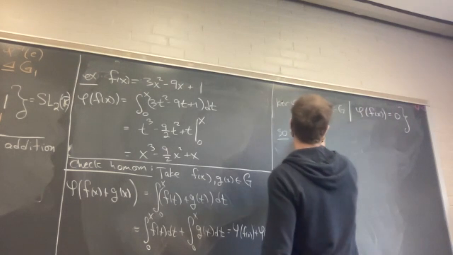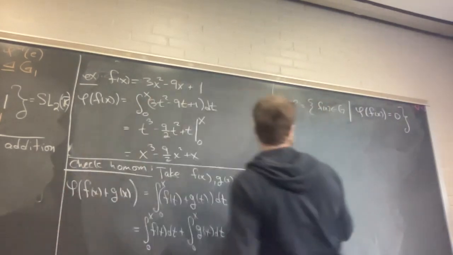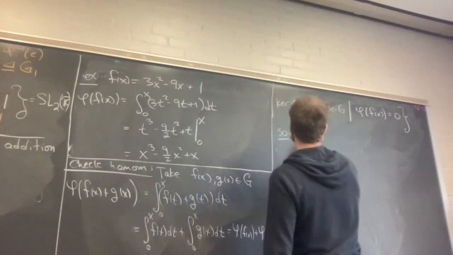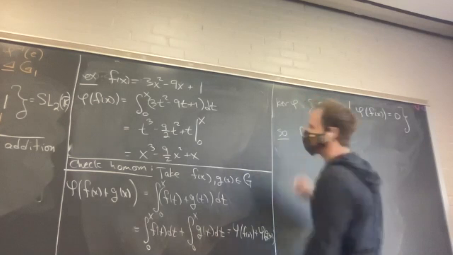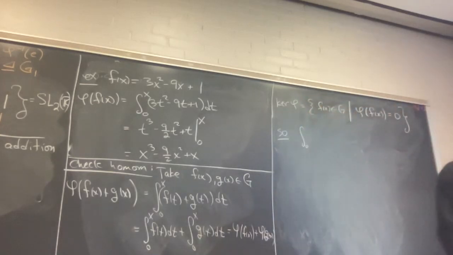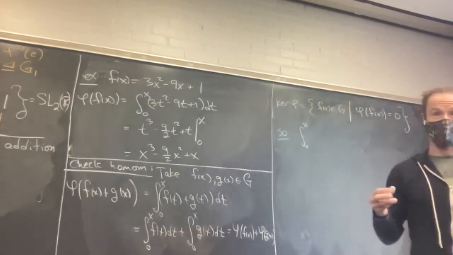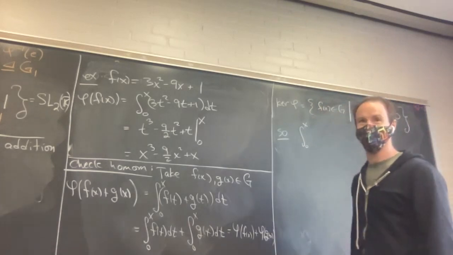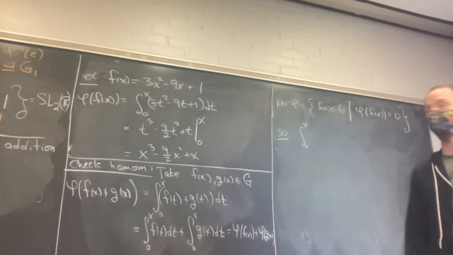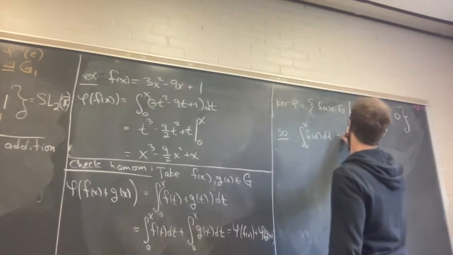Okay, cool. So now let's see what that really means. In other words, we have the integral from 0 to x of f of t dt equals 0, right?